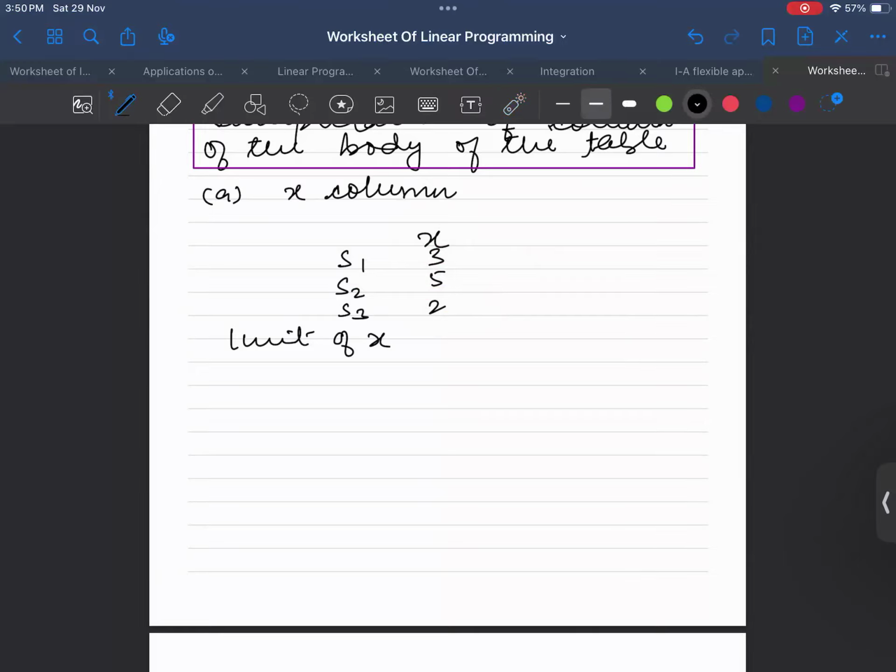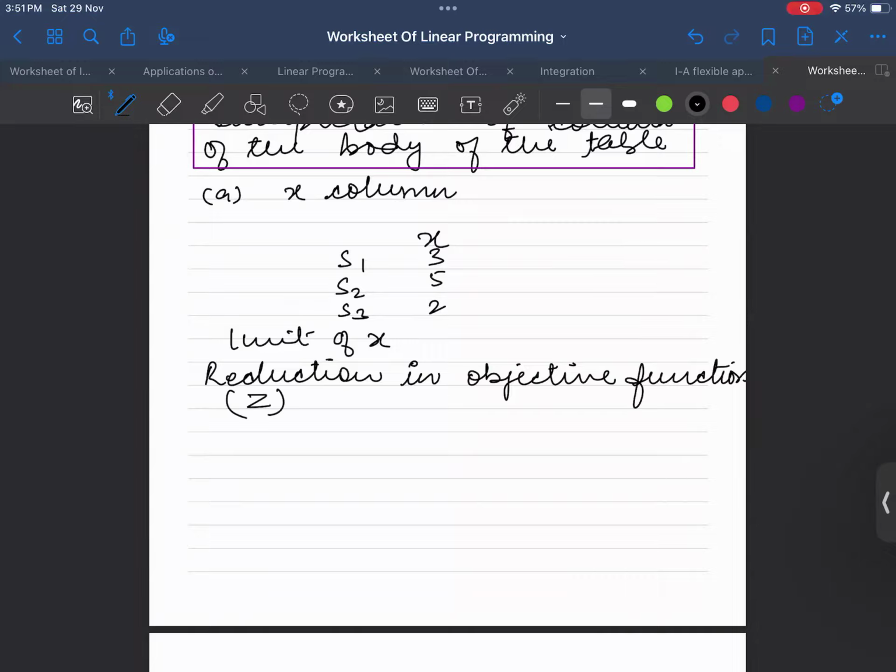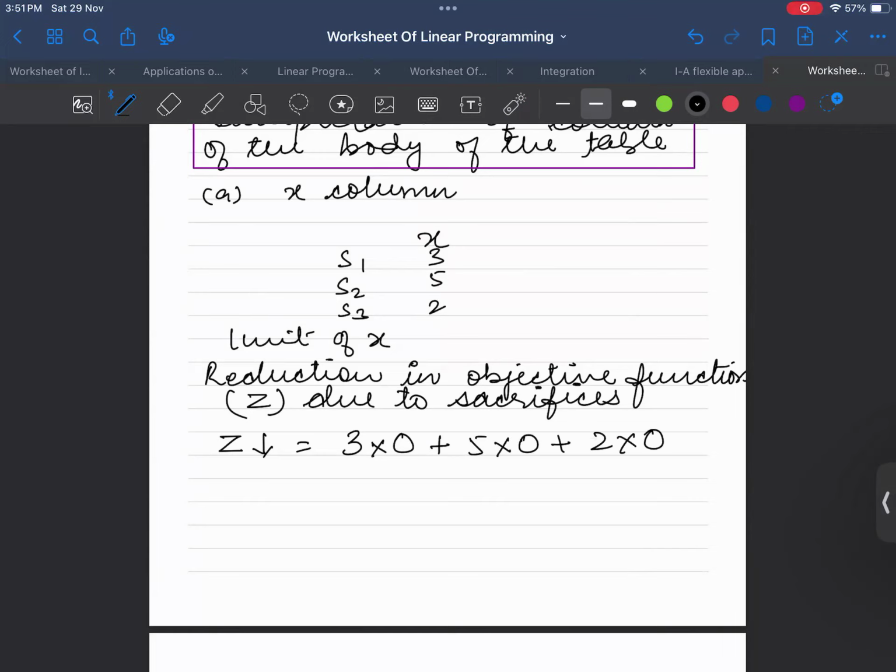So overall, what will be the reduction in the objective function z due to these sacrifices? The reduction would be 3 times its contribution, which was 0, plus 5 units reduced times 0, plus 2 times 0, which means 0.